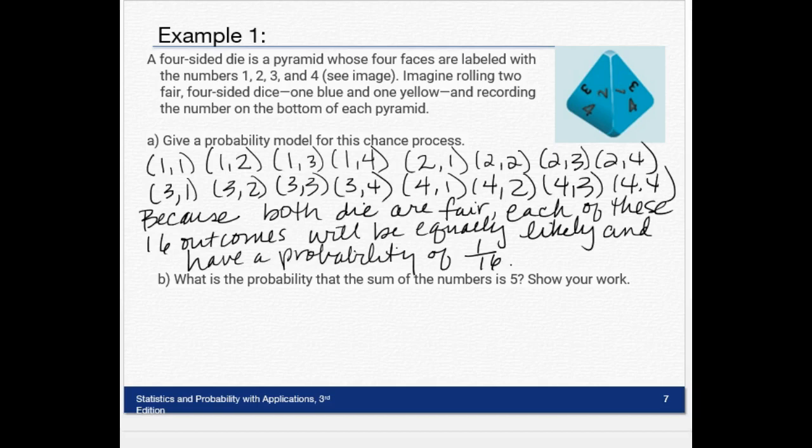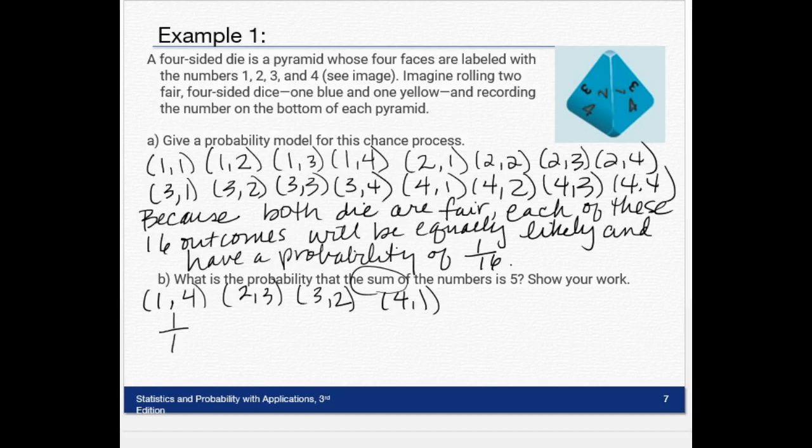Now, B says, what's the probability that the sum of the numbers is 5? So sum means they add up to 5, right? So we look through our outcomes and we'll pull out the ones that add up to 5. So 1 and 4, 2 and 3, 3 and 2, and 4 and 1. Okay? So there's 4 possibilities, right? So that's 4 outcomes.